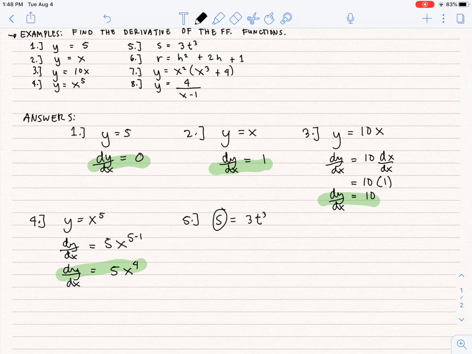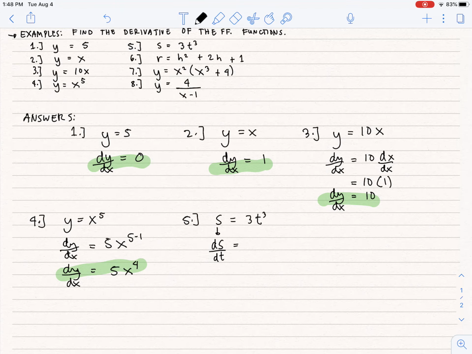So therefore, the independent variable here is t, then the dependent variable here is s. So we are going to differentiate both sides with respect to t. So this now becomes the derivative of s with respect to t. And then this is t, once again, with respect to t because our independent variable is t. So always keep that in mind.